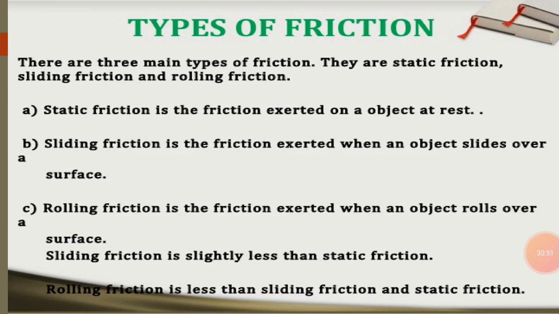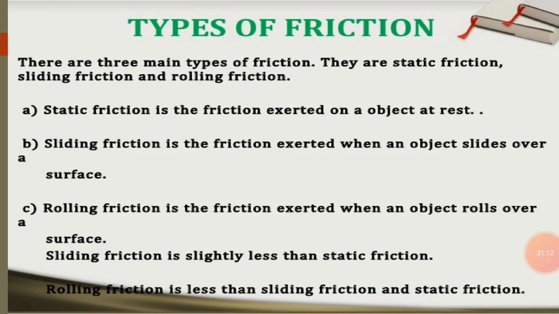So in this activity, what we have observed is that when the book is kept on a table, the surface of the book is in direct contact with the surface of the table, and if you want to move the book by pushing it with your hand, it is difficult.